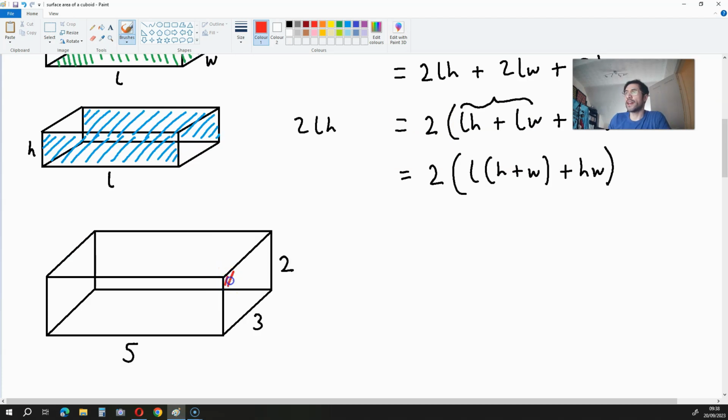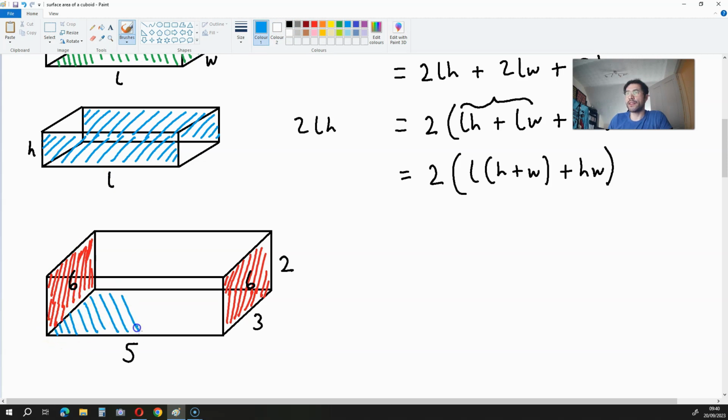Okay, so the area of this face over here is going to be equal to 6. Okay, because 3 times 2 is 6. And we can say the same for this side over here. Okay, the area of this over here is going to be equal to 6. Now, how about the bottom face over here?